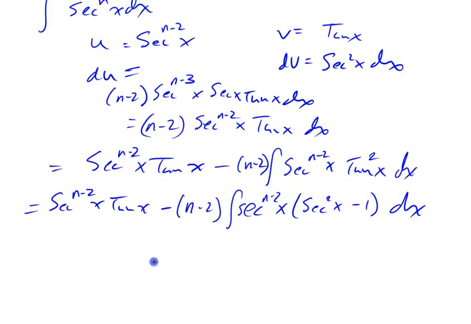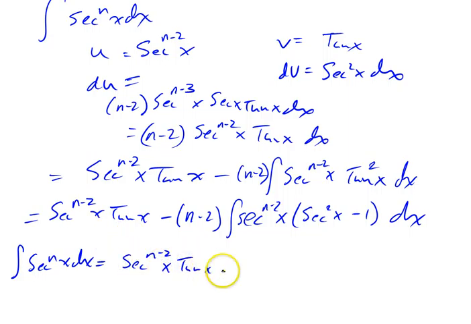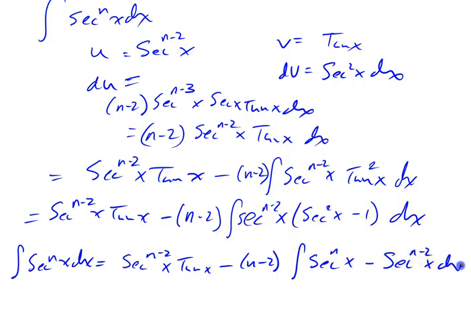So the original integral that I started with, the integral of secant to the n x dx, is equal to this first part, secant to the n minus 2 x tan x, minus n minus 2 times the integral of secant to the n x, because that's this times that, and the n minus 2 plus 2 is just n, minus secant to the n minus 2 x dx.